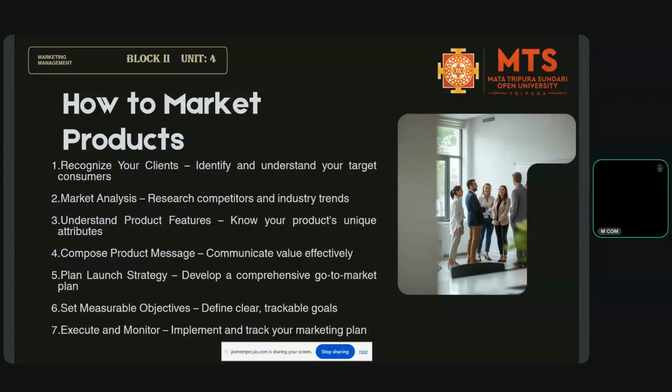Second is market analysis. When I have identified the market, then I have to understand who my competitors are, how they are going, and how they are surviving.